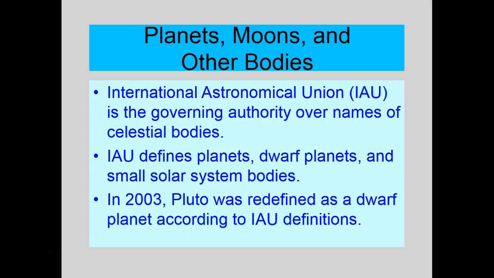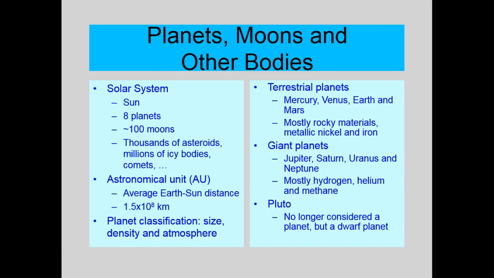Now, here's a few of the classifications and definitions that you might need to know. The solar system is made up, as we just said, of the sun at the center and 8 planets that we know about.